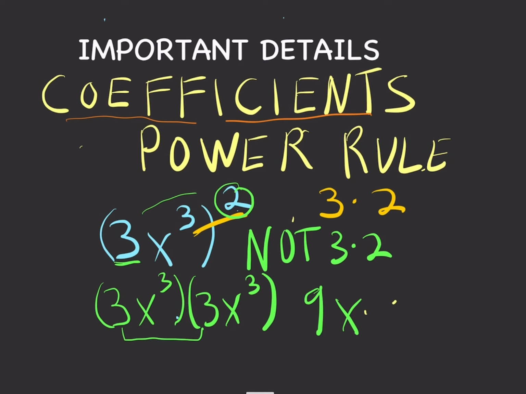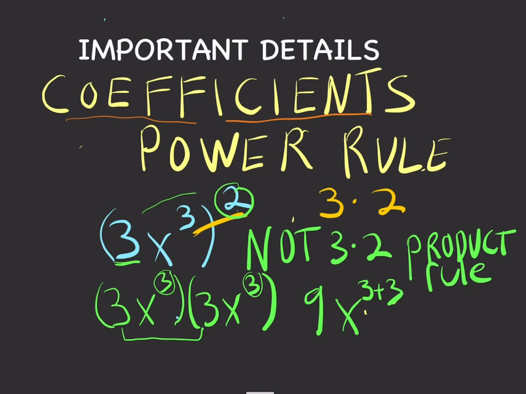Okay, the 3 gets squared. So 3 squared is 9. And then I know that for the variables, we're multiplying. Looking at it this way, we're getting 9x to the 6th. So that's really how you do that. You're going to raise the coefficient inside to whatever power is outside.